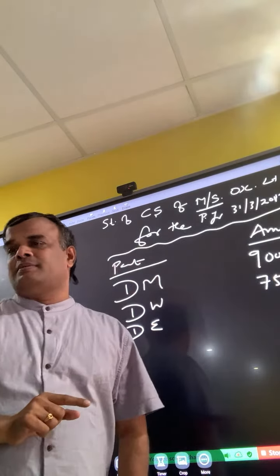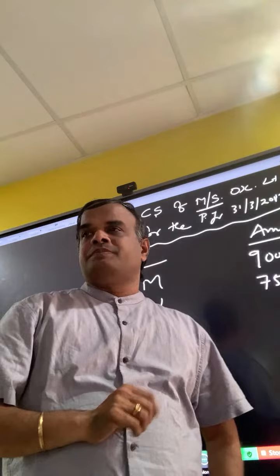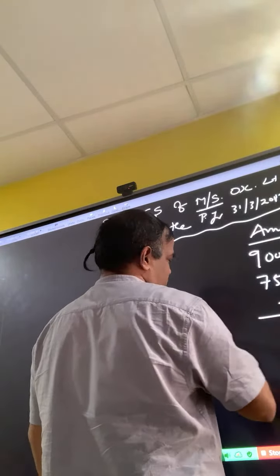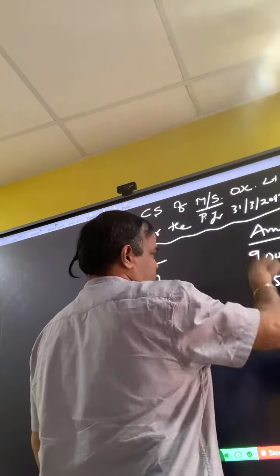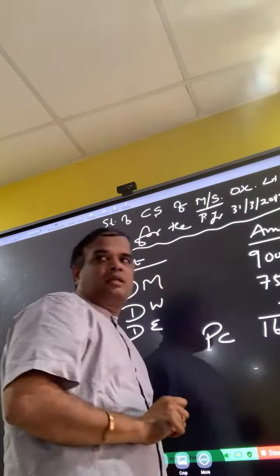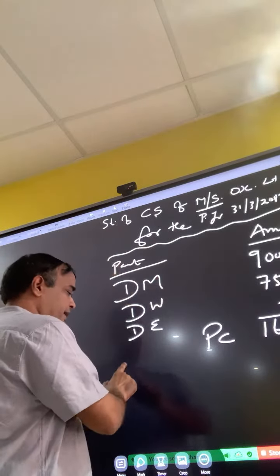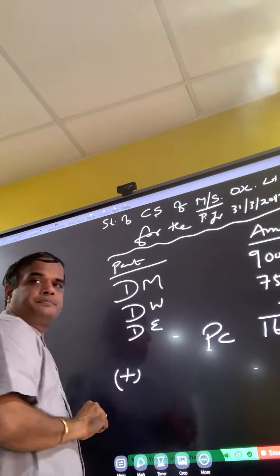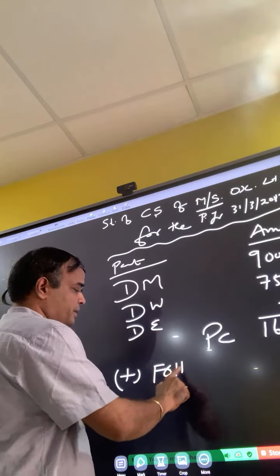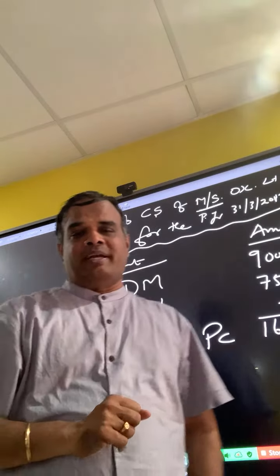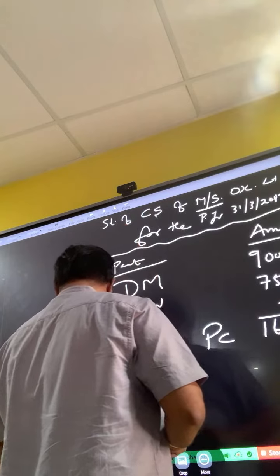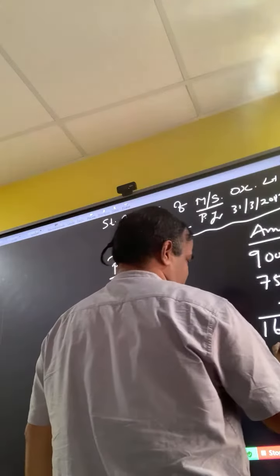Direct expenses. In this problem, there are no direct expenses, am I right? Therefore, prime cost comes to 16,500. And what do we add? Factory or production overhead. Any info for factory overhead? 4,500 is the factory overhead.